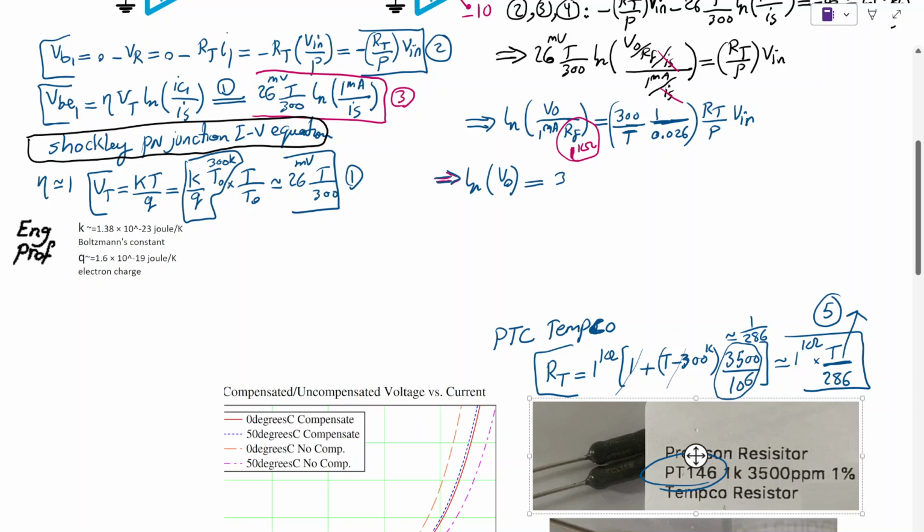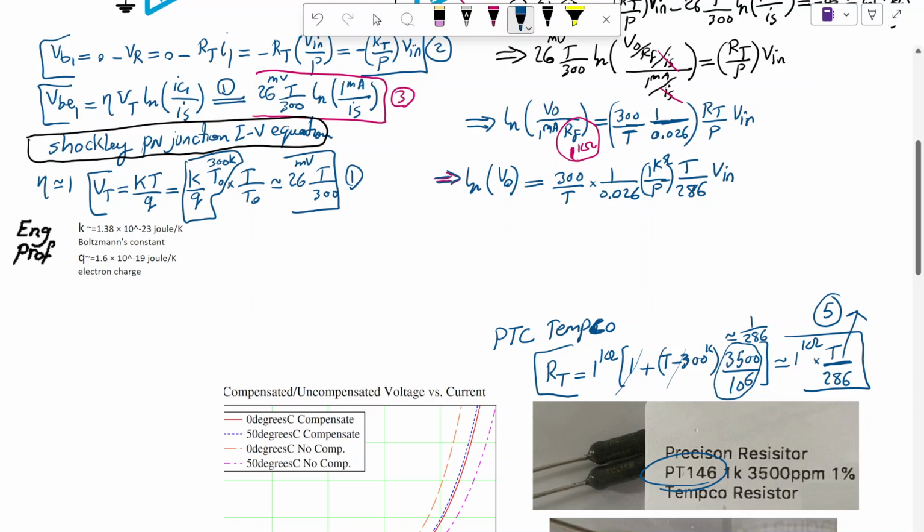I can write it is equal to 300 over T, 1 over 0.026, and for RT I am just writing this, which is 1K over P, where P is the resistance of the potentiometer in kilo ohm, and 1K is coming from this 1 kilo ohm, and we have T over 286 Vn.